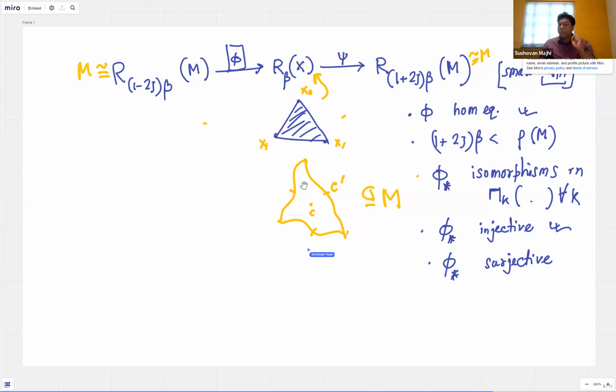And you can control the circumradius, and the circumradius would have a constant factor of the diameter of the original geodesic triangle. So if you drew these geodesic triangles inside it, you're subdividing, see? That's the first simplicial subdivision of the geodesic triangle. Then each triangle here would have a diameter strictly smaller than the actual diameter of the geodesic triangle. And you can control those parameters nicely. You have to do some juggling with the parameters.